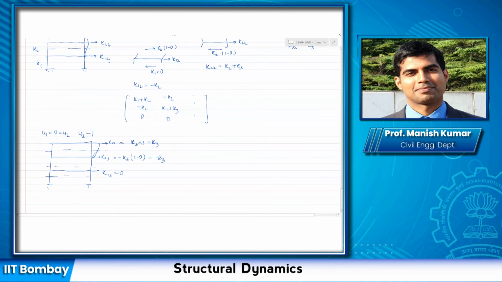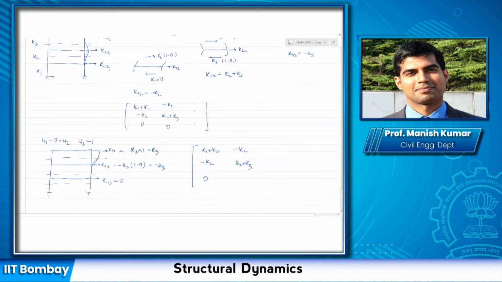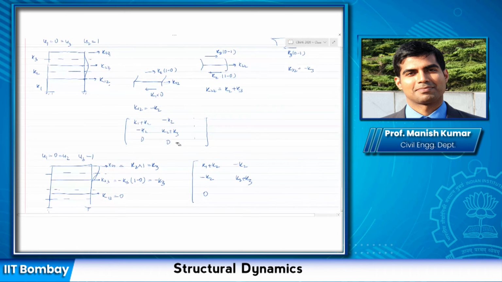So K3. So overall matrix, now I have filled up all three columns, and now you can match it up with your, sorry, this is not 0, this is minus K3 here. Okay, this is minus K3.